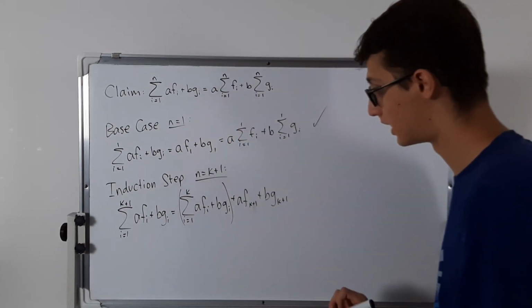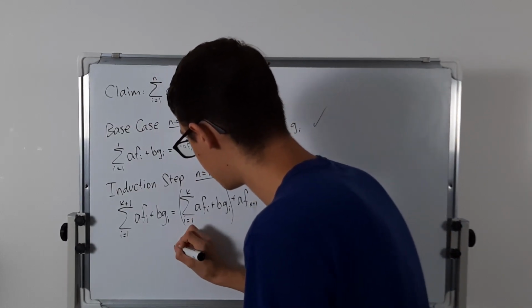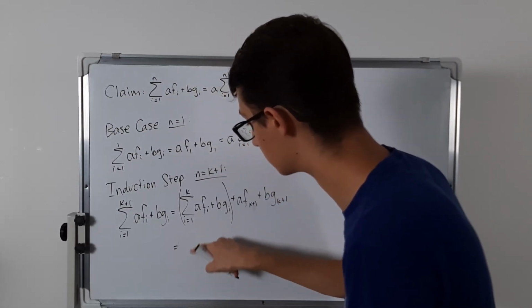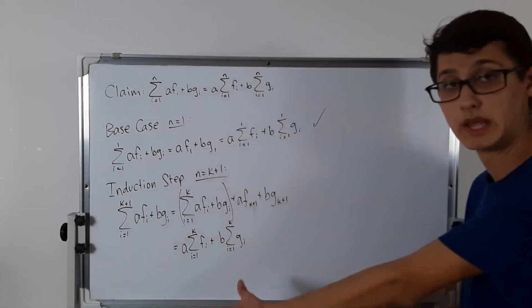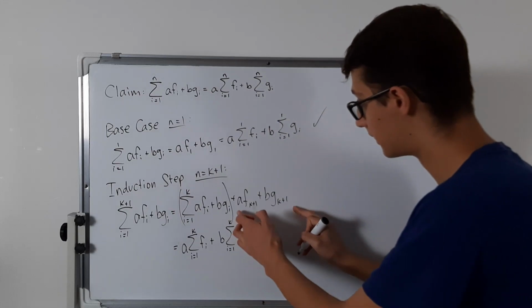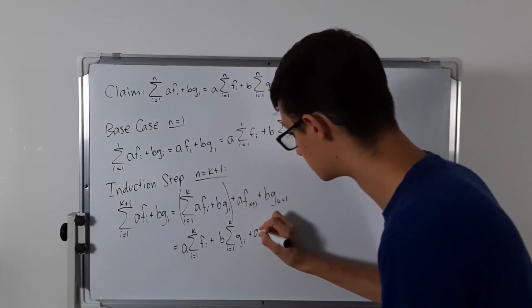So then we can just apply that here. I'll just do it down here. We'll convert this into this form, right? So this is that for n equals k, and then plus the rest of this, so I'll just attach it onto here.